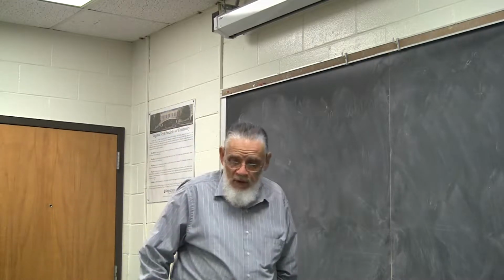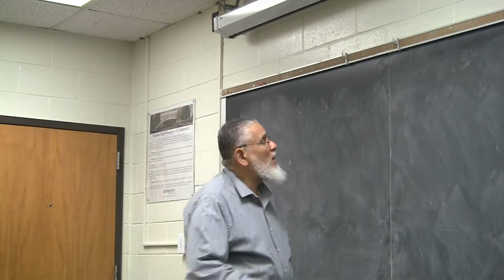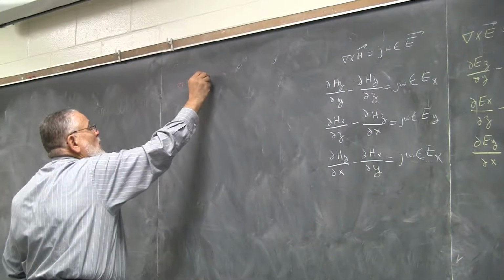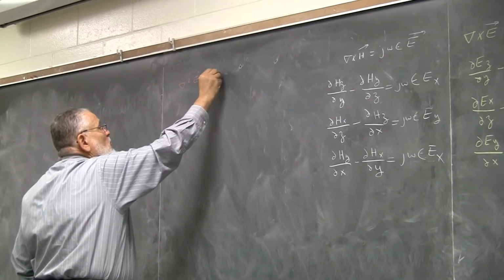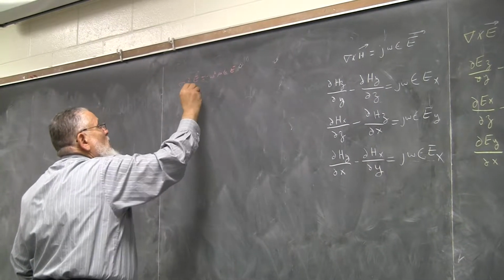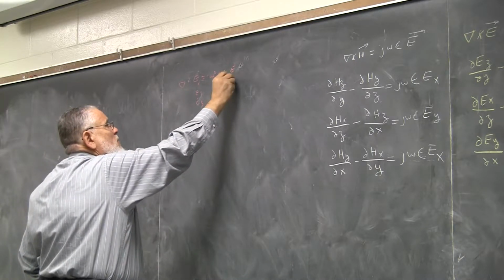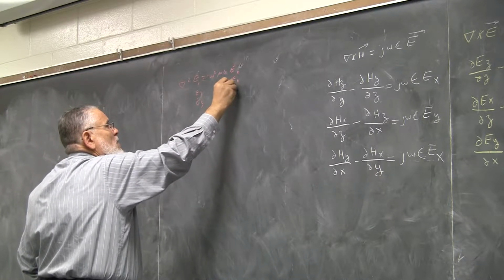Out of the second order differential equations, which were what? We had del squared E is equal to minus omega squared mu epsilon E, which was Ex, Ey, Ez.